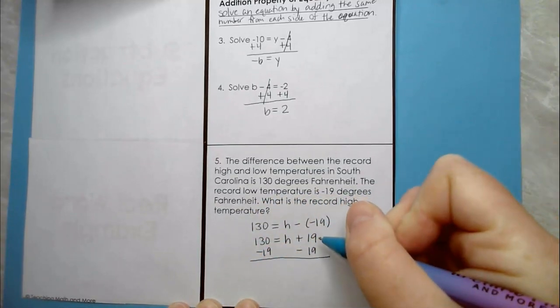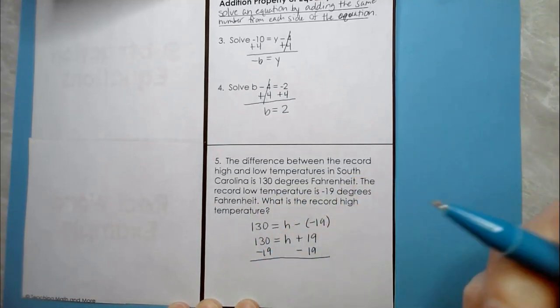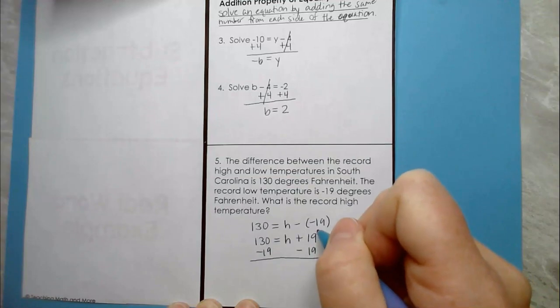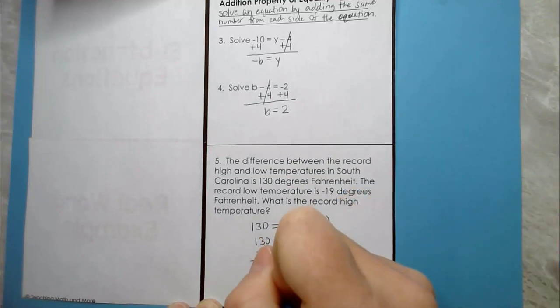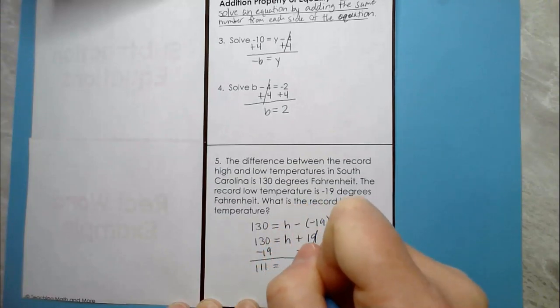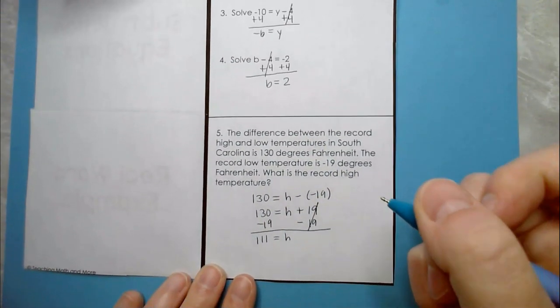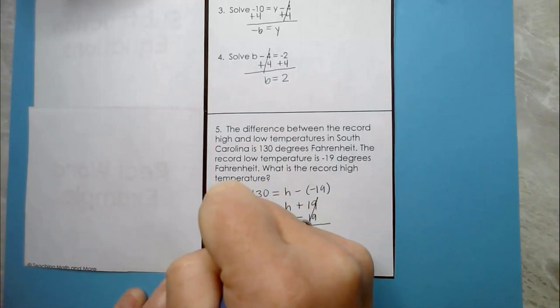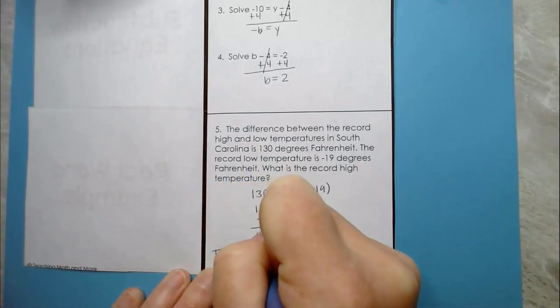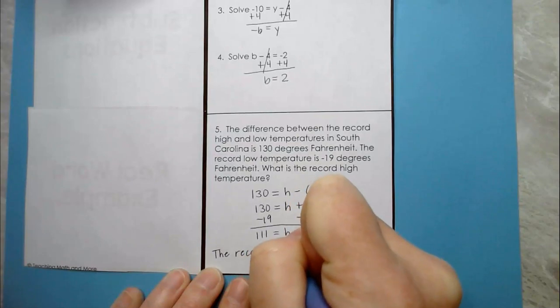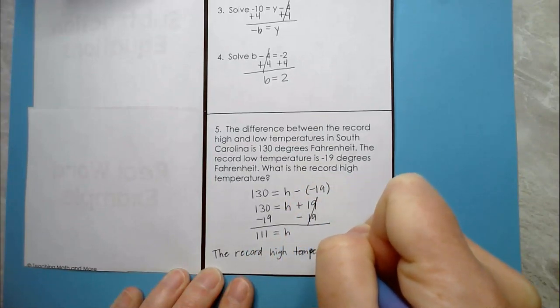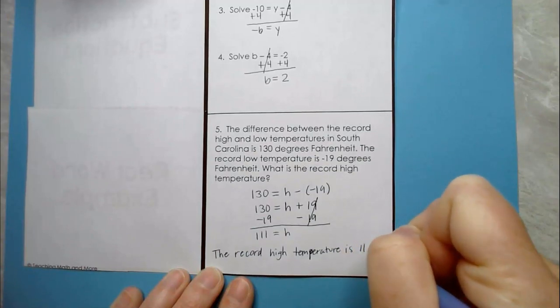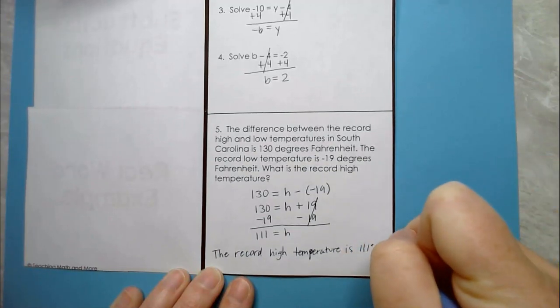Whatever we do to one side of the equation, we do to the other. 19 minus 19 is 0. 130 minus 19 is 111. So the record high temperature is 111 degrees Fahrenheit.